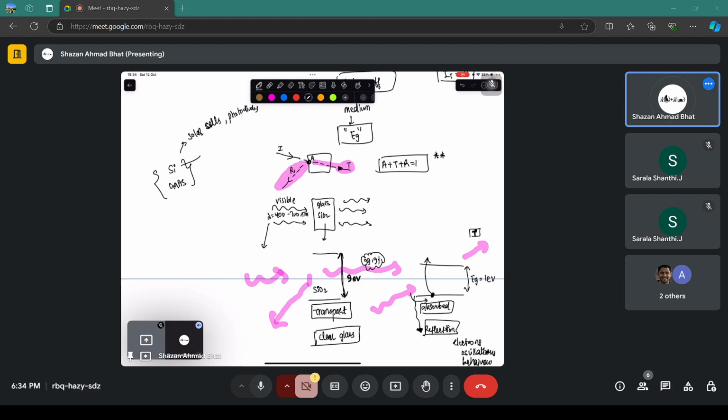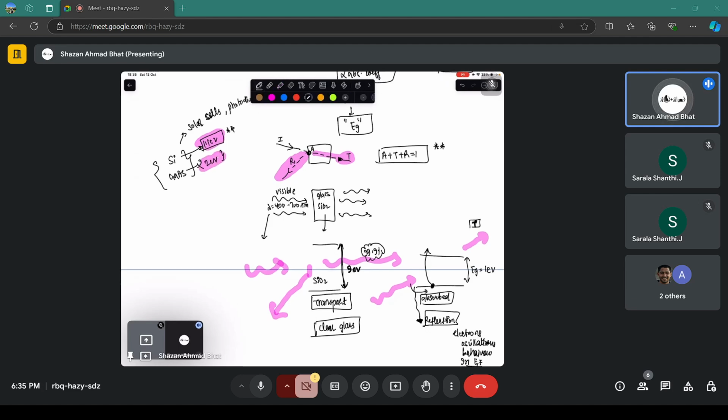The band gap of silicon is approximately 1.1 electron volt, and this is approximately maybe 2 electron volt. Just cross check the values. And it so happens that the light in a certain region can cause transitions in the silicon, it can cause transitions in the gallium arsenide.